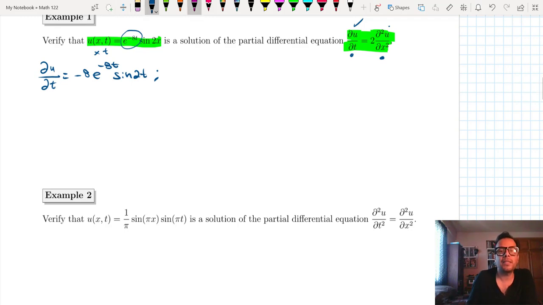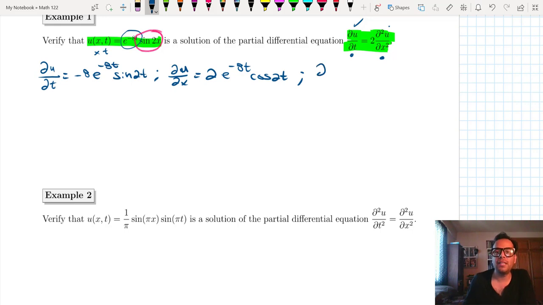In this case, we are going to differentiate only the sine portion because that's what depends on x, holding the exponential just constant. So the partial of u with respect to x will be the derivative of sine 2x. It's going to involve some mini chain rule, and e to the negative 8t times cosine of 2x. But that's not enough. We need a second derivative. Let's take the second partial derivative.